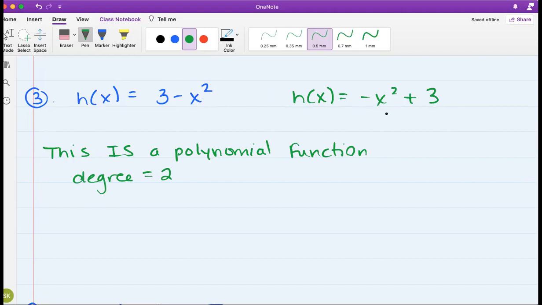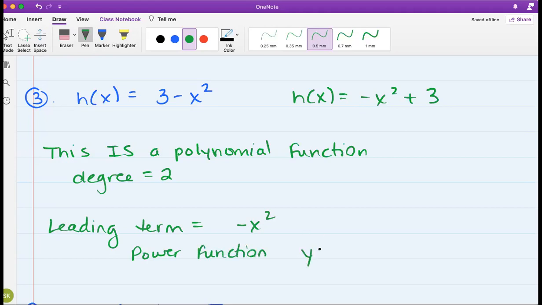And notice that it's a quadratic, and we actually know how to graph this function. This is the parent function of x squared, which is a parabola, flipped upside down and then moved up 3 units. So the leading term is negative x squared, so the power function is y is equal to negative x squared.